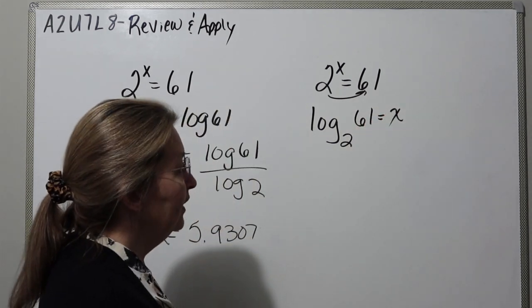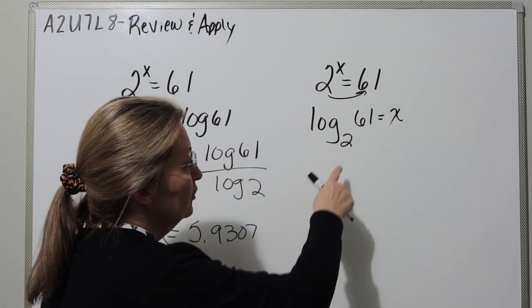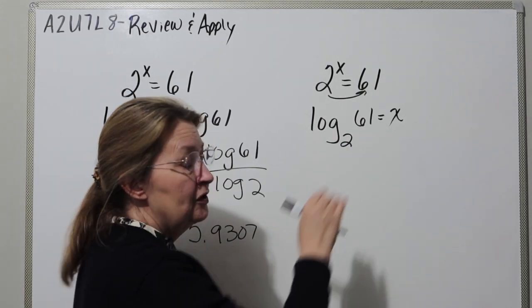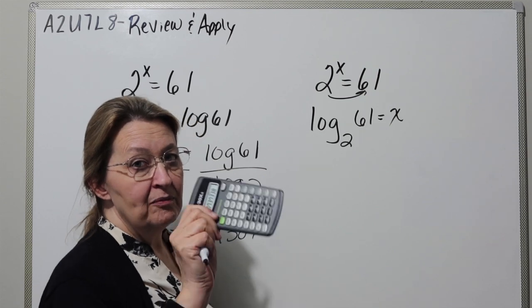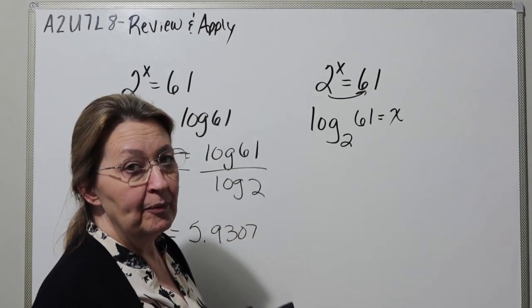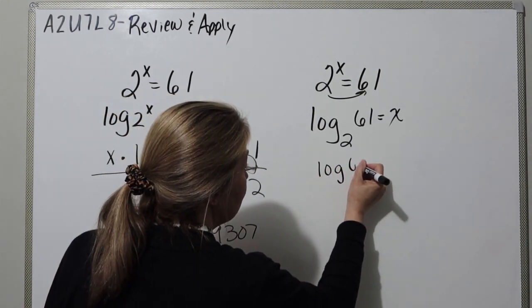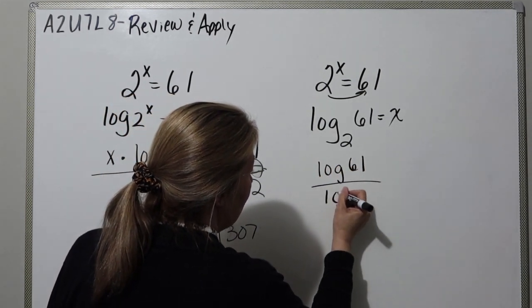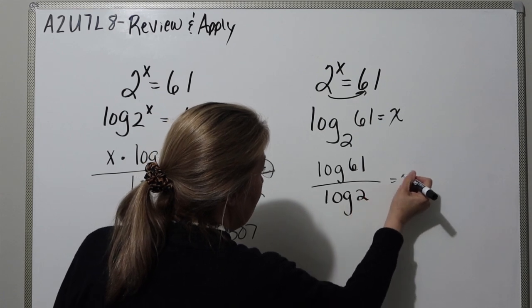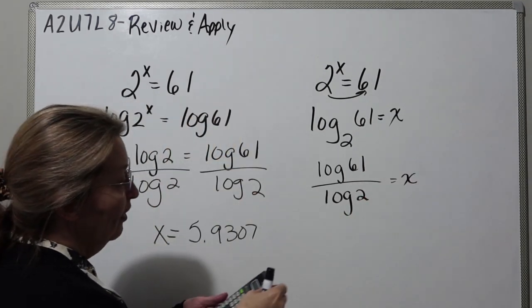Now, at this point, if you have a calculator that has the capability of doing other logs, you can just put that in your calculator. Since I'm using the calculator that only does base 10 logs, I'm going to do my change of base, which means I've got log 61 over log 2 equals x, and that's actually what we evaluated right here.